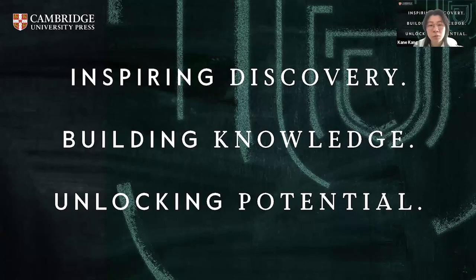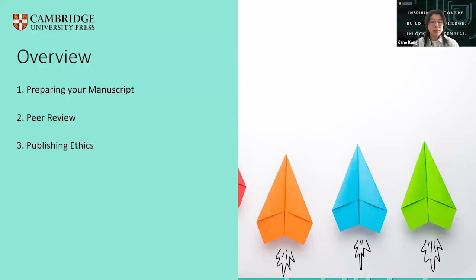Let's start. We've talked about OA, and we've talked about how to select an appropriate journal. When you have a target journal or several target journals, you can start preparing your manuscript. We also talked about how to write your manuscript, with some tips for writing.